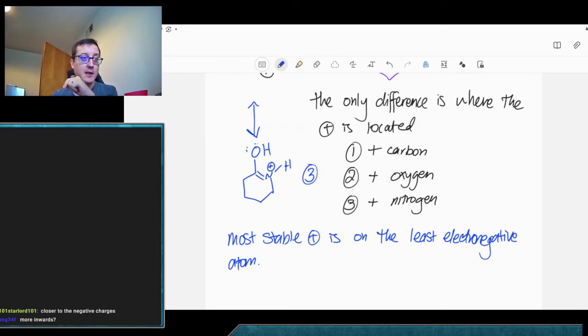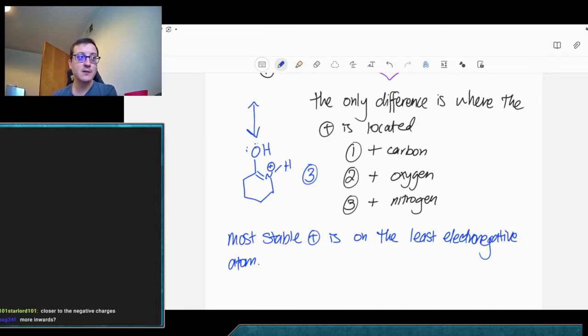But before that, if you remember, the first thing is we talked about negative charges being on electronegative atoms first, and then from there we said, well, if it's got to be on carbon, then we're going to put it on the outside, right? We want it on a primary carbon if possible. And also, all other things being equal, we'll put it as close to a positive as possible to work it out.